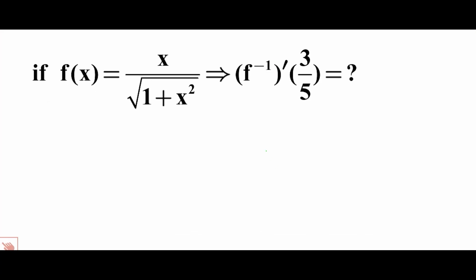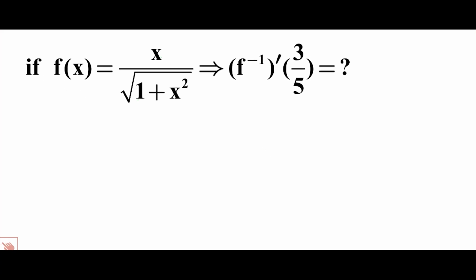Number 3, if f of x is equal to x over the square root of 1 plus x squared, find the value of f inverse prime of 3 over 5. Again, we know that if a and b is in f, then b and a is in f inverse. Okay, so b is equal to 3 over 5.